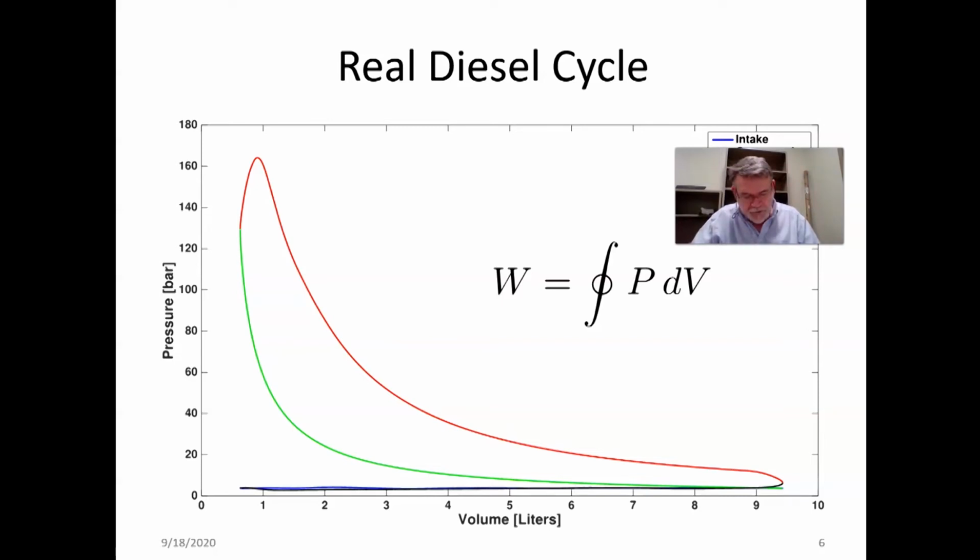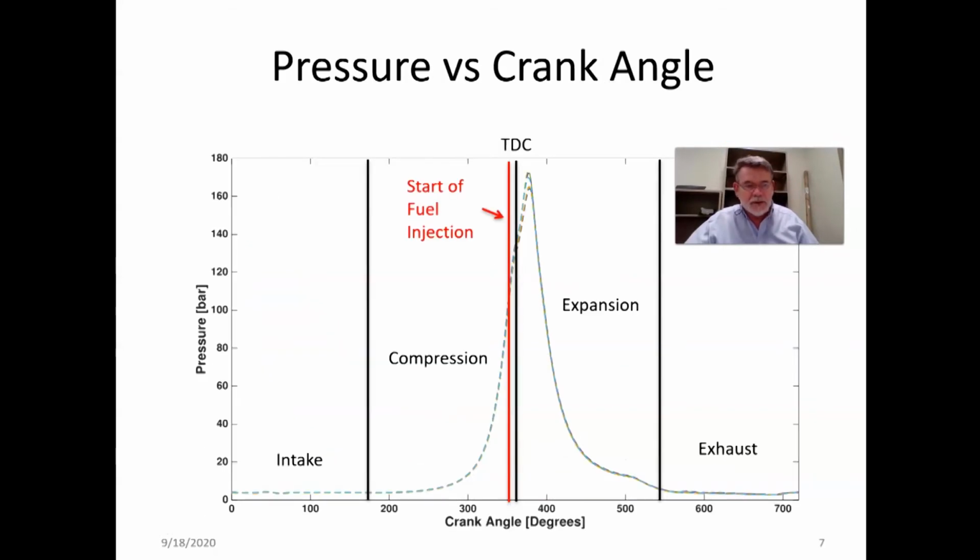You can record and graph the pressure directly by connecting them on the engine cylinders, one by one, and then you get a reading of the pressure. But now the volume cannot be measured directly on an engine. It cannot, only the pressure. So how do we create this real diesel cycle?